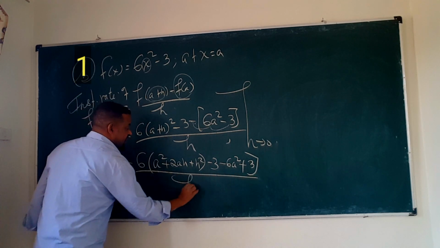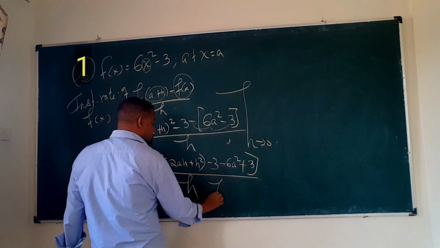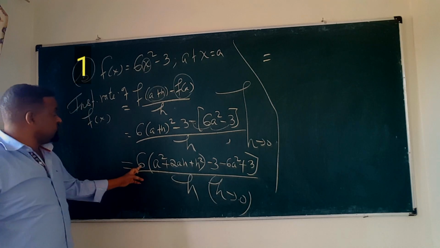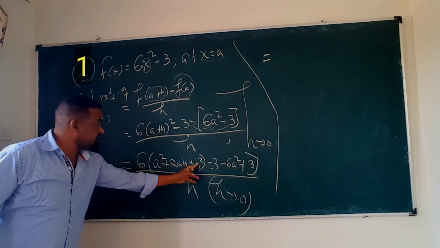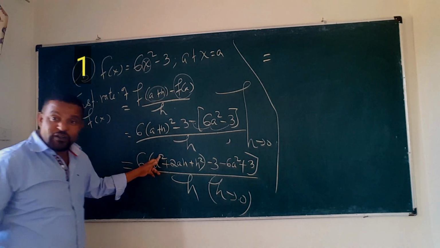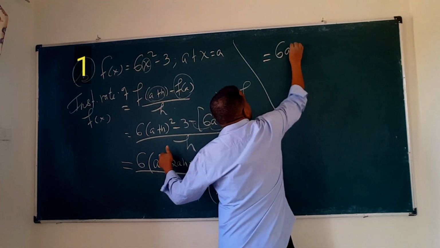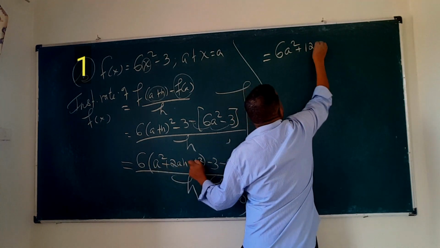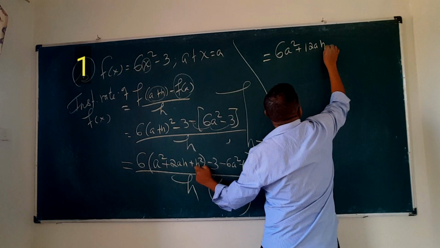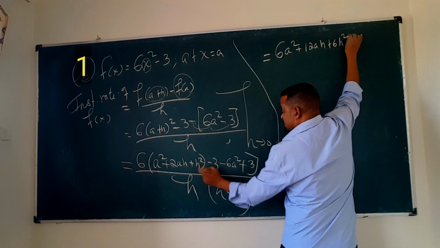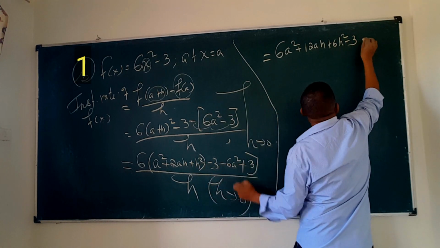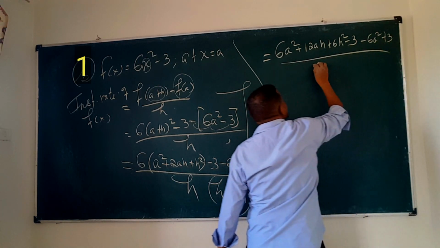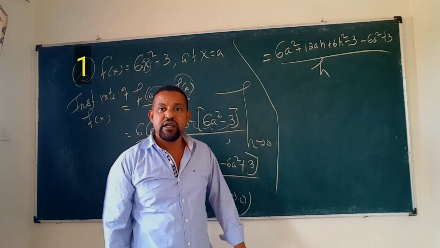now this is over h, of course h is approaching 0. So you just multiply each of these three terms by 6: 6 times a squared is 6a squared, 6 times 2ah is 12ah, 6 times h squared is 6h squared, minus 3 minus 6a squared plus 3, over h, when h is approaching 0.